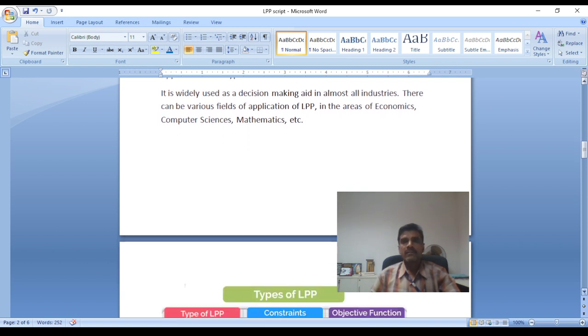How can we solve a linear programming problem? Before solving, we have to formulate a linear programming problem. Formulation means we are going to form a mathematical model of a given problem.